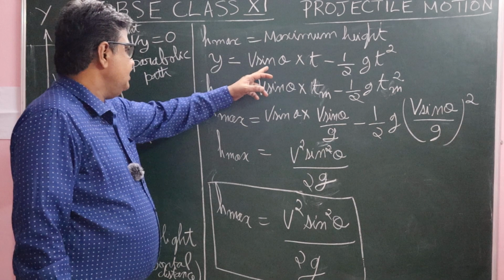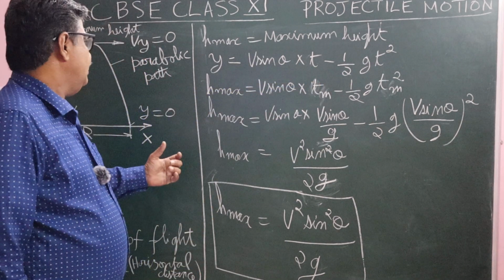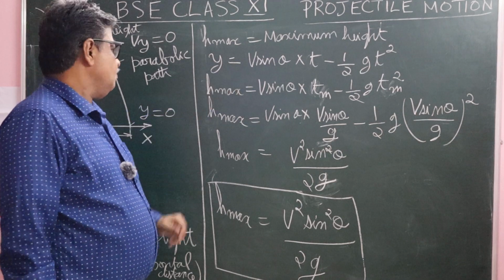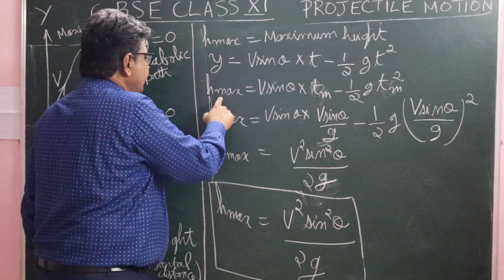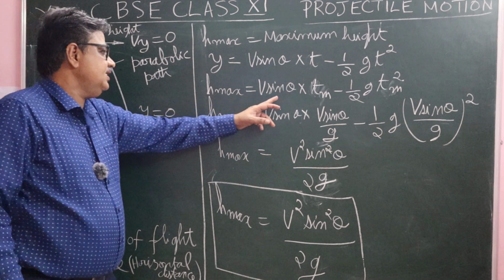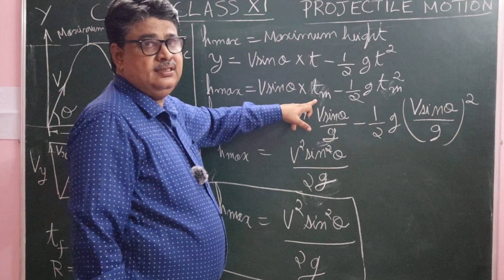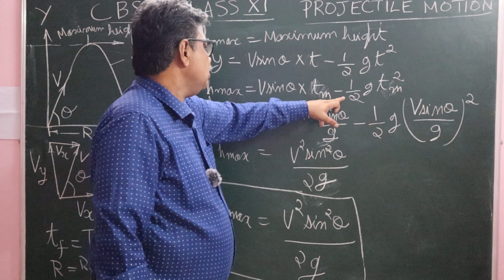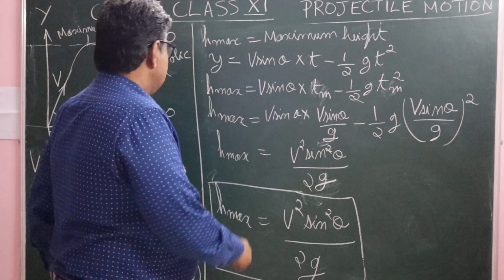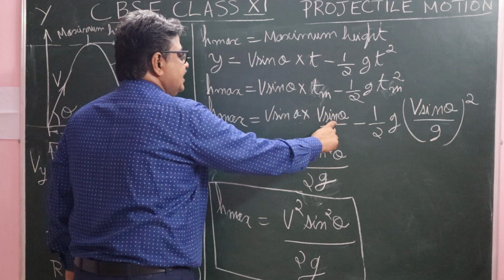So y is equal to V sin theta into t minus half g t square is the vertical distance equation. So instead of y, I put maximum height. H max equal to V sin theta into Tm, instead of t, I put Tm, time to reach maximum height, minus half g Tm square. So H max equal to V sin theta, instead of Tm, we put V sin theta by g.